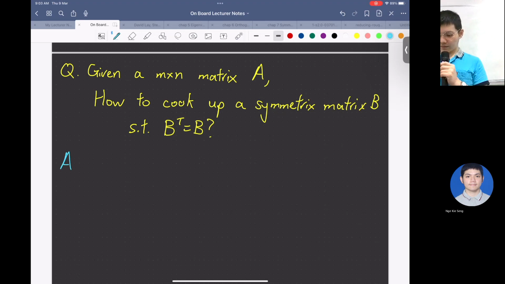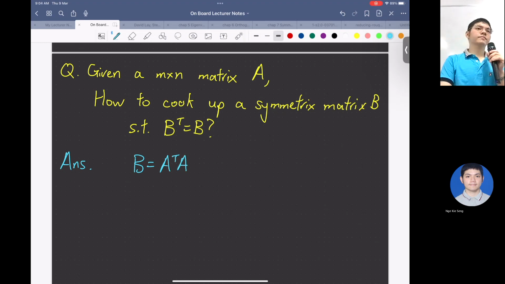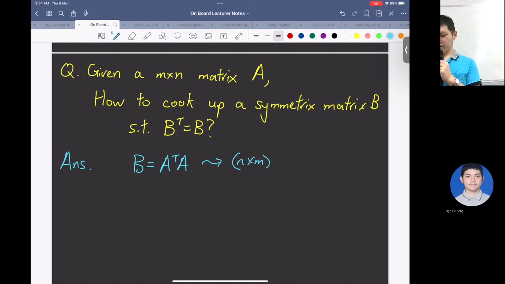Okay. So you can consider B equals A transpose A. This is a symmetric matrix. What's the size of this? N times M times M times N, which is N times N.